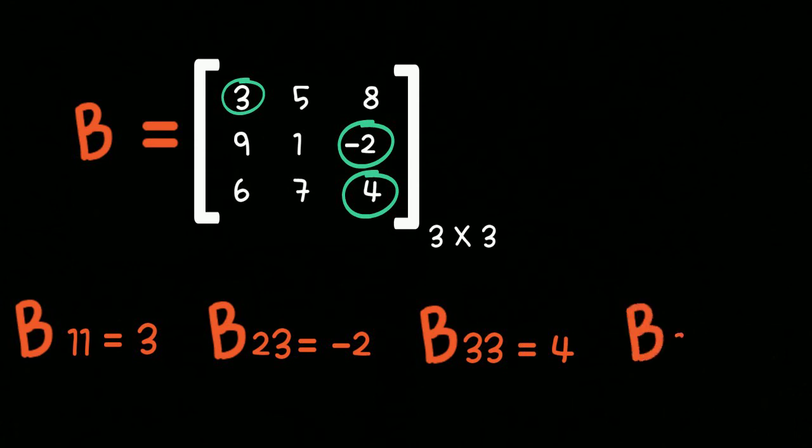Finally, we have B, 1, 2, for example. First row and second column, the answer is 5. So now you understand how you can identify the element of a matrix and how you can write down the notation. Row first, then followed by column.